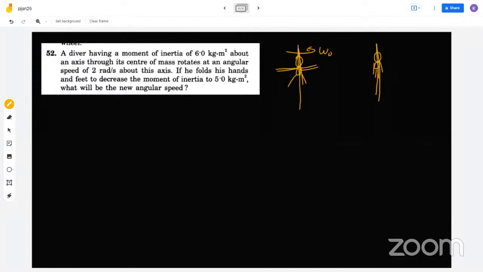Yes, guys. इसमें कौन सा concept आएगा यहाँ पर? Omega dash we want to find. Conservation of angular momentum. So yes, this is a rigid body. So ठीक है, I1 omega 1 equal to I2 omega 2.